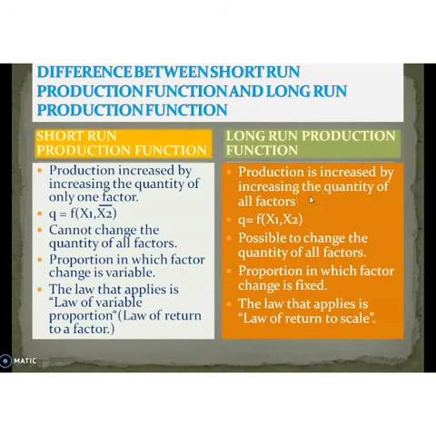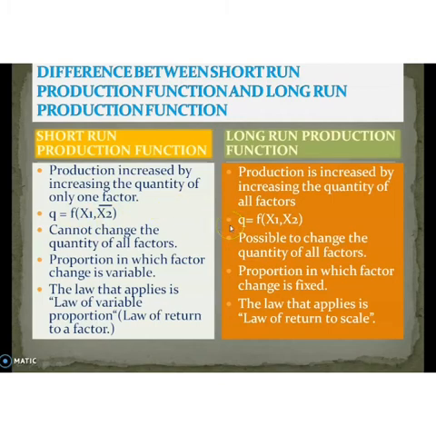There is no distinction between fixed factor and variable factor. All factors are variable. Then the short-run production function can be expressed as Q = f(x1, x2), where x1 is the variable factor and x2 is the fixed factor.